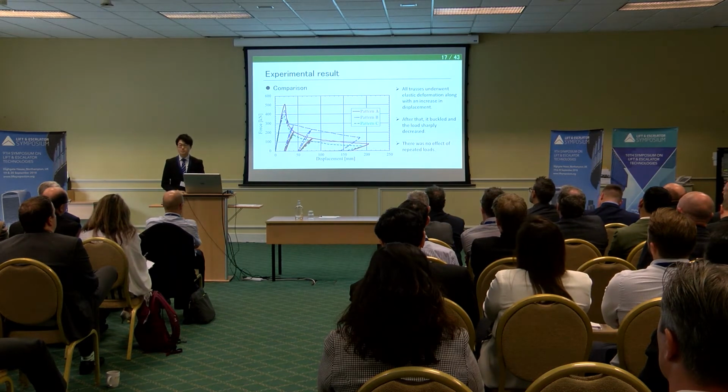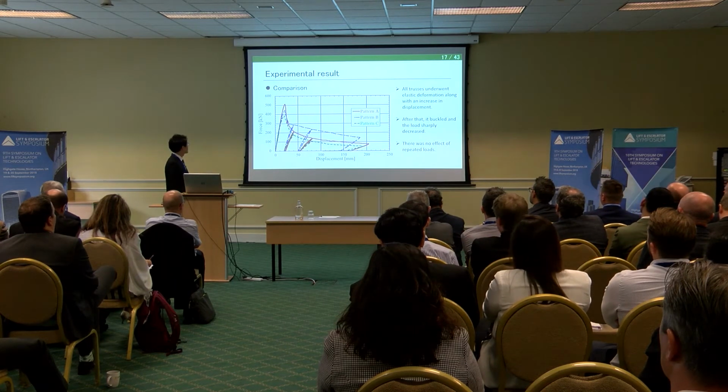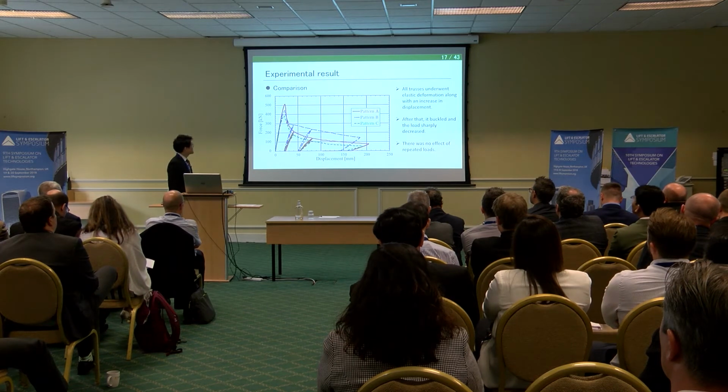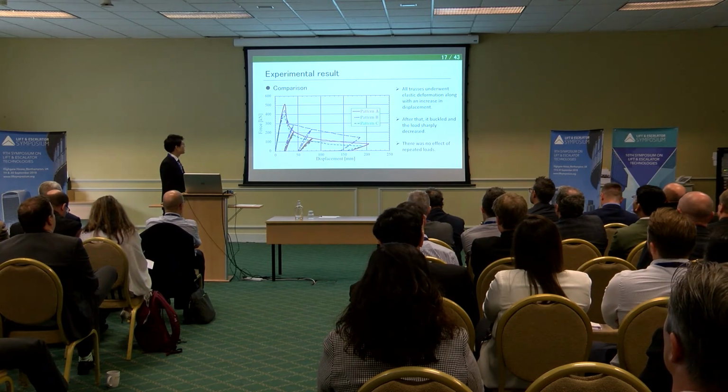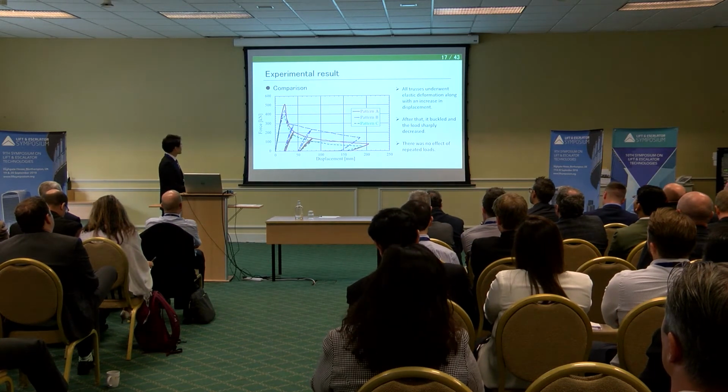This slide shows the experiment result. This figure is a comparison of the three patterns. All trusses underwent elastic deformation along with an increase in displacement. After that, they buckled and the load sharply decreased.